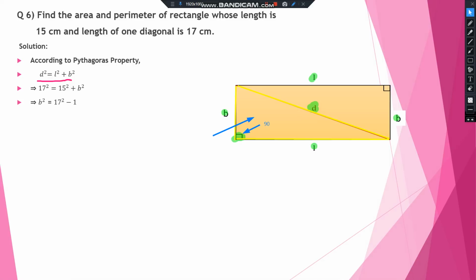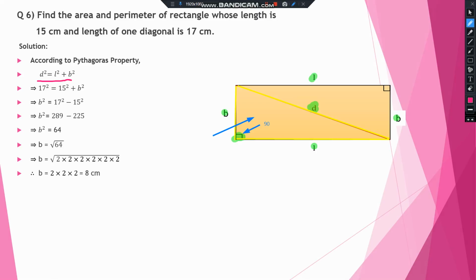Let's solve this. B square equals 17 square minus 15 square, which is 289 minus 225, and hence B square has come 64. So B will be under root of 64. Now we factorize 64 and pair the factors to get the value of B, which is the square root of 64.